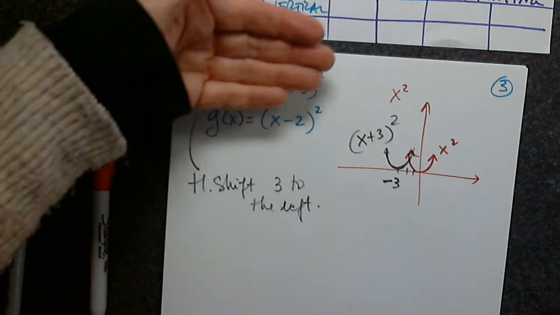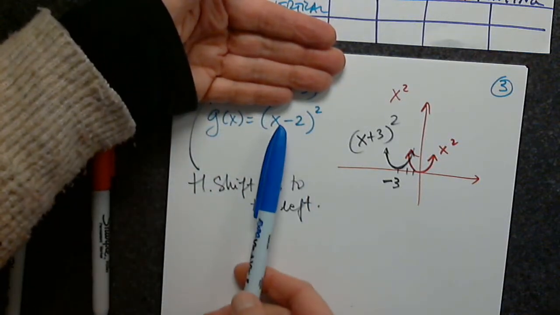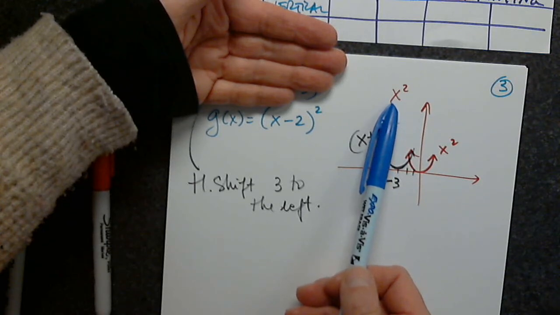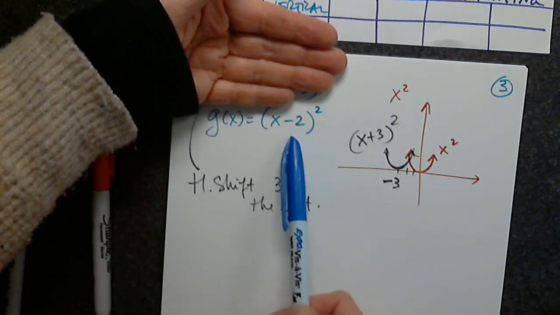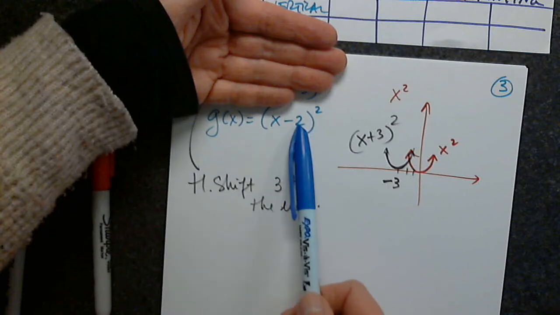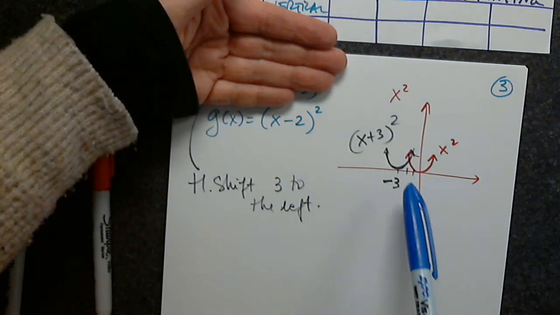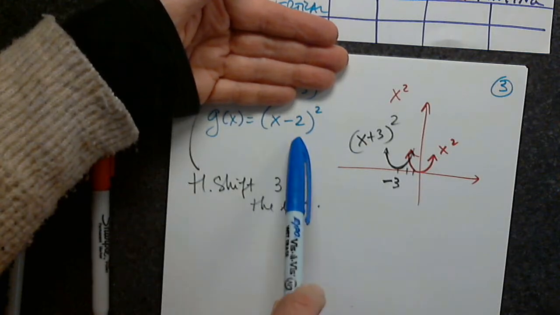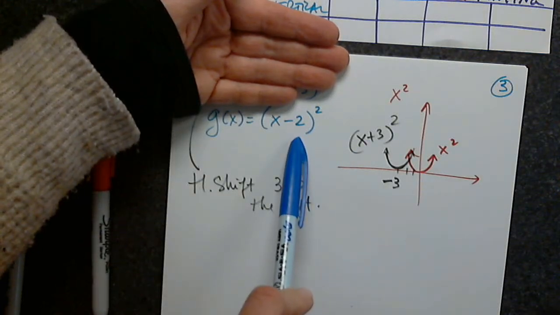Okay, so now forget about f. Let's analyze what x minus 2 does to x squared. Am I changing x or am I changing y? I'm changing x. Again, x squared has the x-intercept at 0. Where does x minus 2 have the x-intercept?